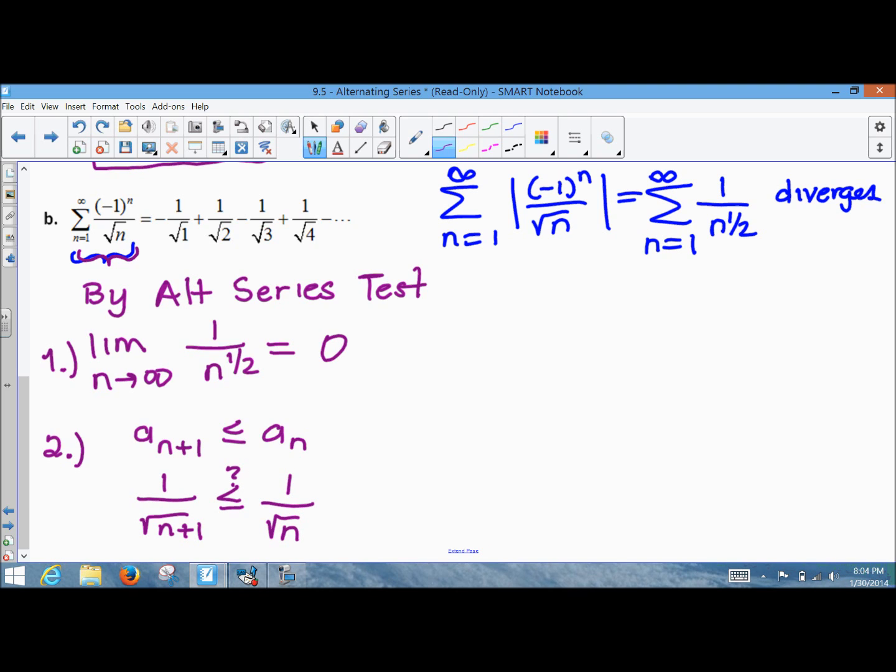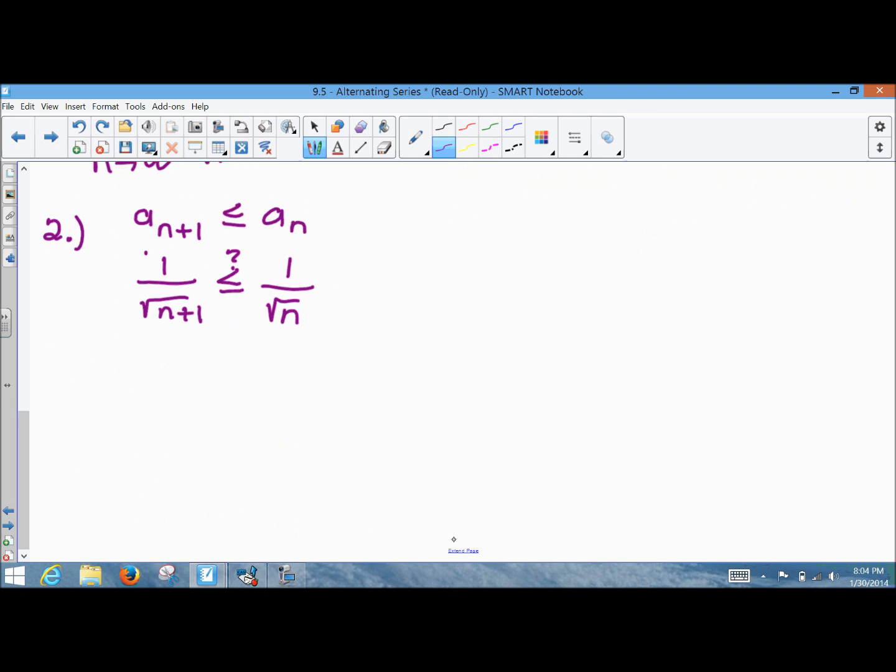The negative 1 to the n part can be left out because you would see that on both sides, so you could cancel it away. One surefire way to do this is to cross multiply. When you cross multiply across an inequality, you have to be very careful. Upper left times lower right, that result must stay on the left side to retain the inequality sign. So here's the square root of n less than or equal to n, the square root of n plus 1.